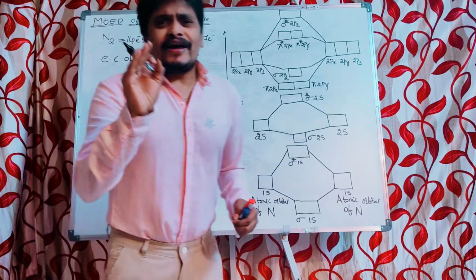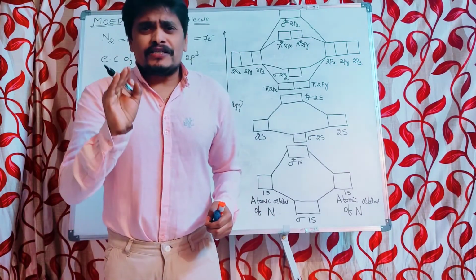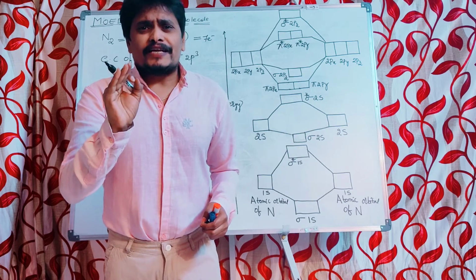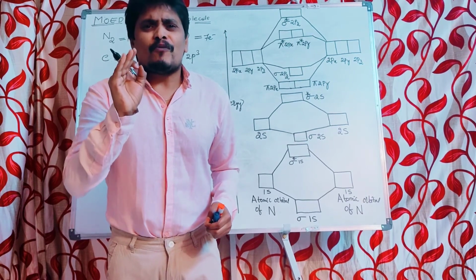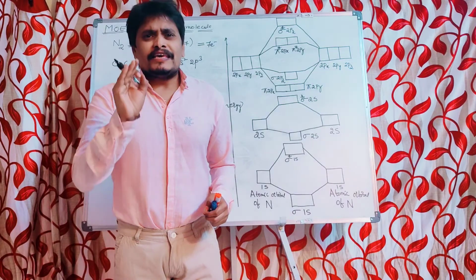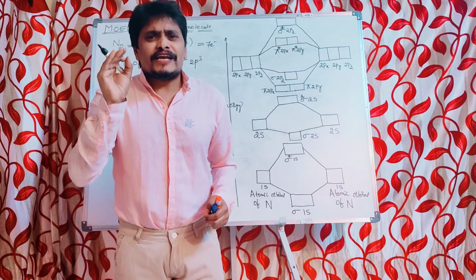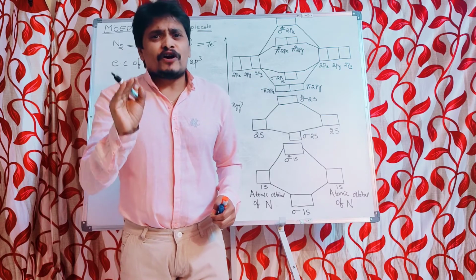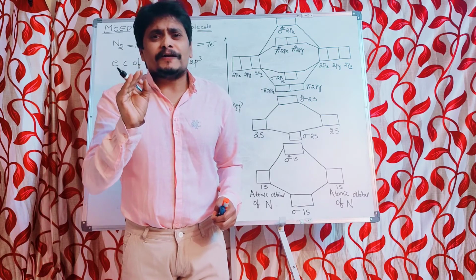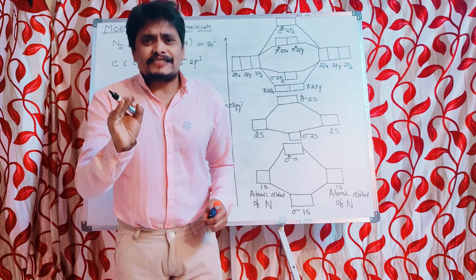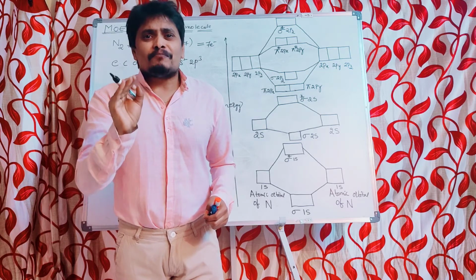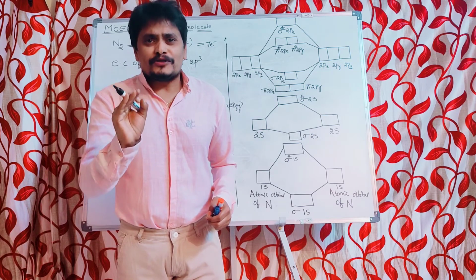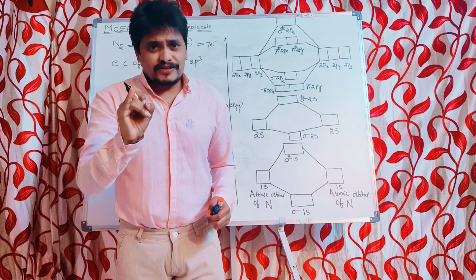While drawing the molecular orbital energy diagram of any molecule, keep these two postulates of molecular orbital theory in mind. The first postulate is that atomic orbitals combine to form molecular orbitals.